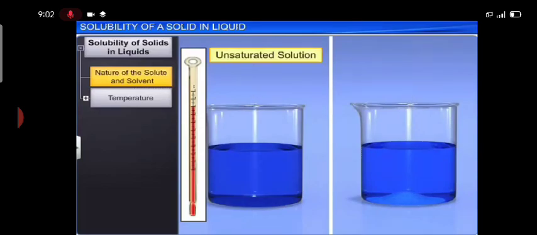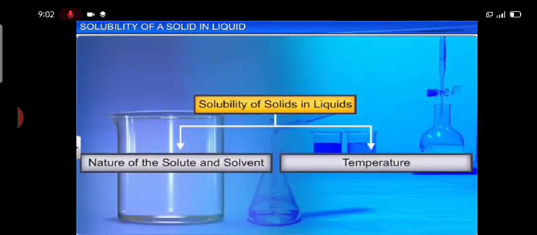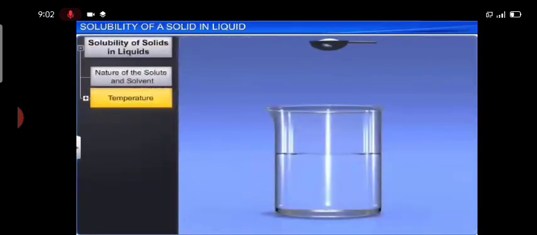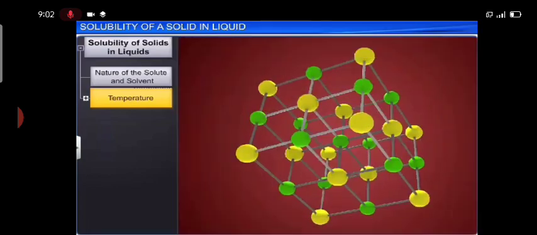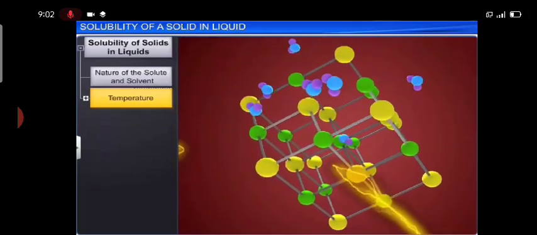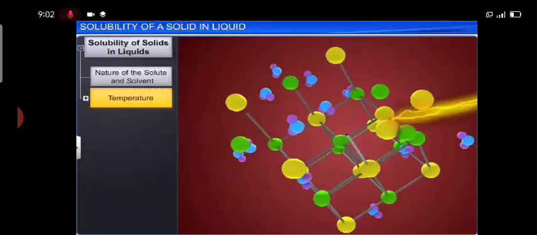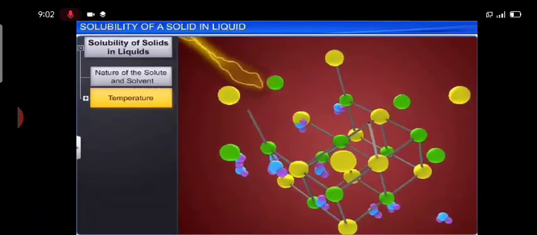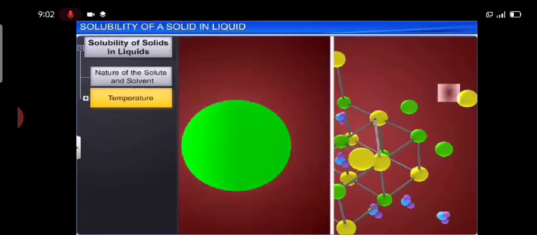The solubility of a solute also depends on temperature. When a solid dissolves in a liquid, a change in the physical state of the solid takes place. Heat is required to break the bonds holding the molecules in the solid together. At the same time, heat is given off during the formation of new solute-solvent bonds.